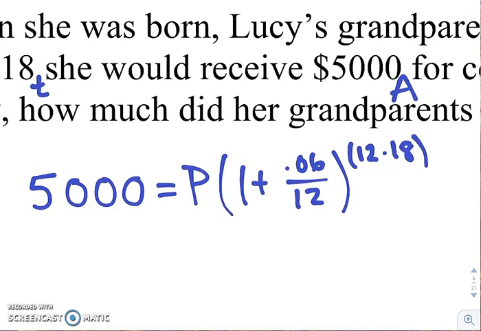Okay, so we need to figure out first what this whole thing is equal to. If we figure out that part, then once we get that value, we'll have P times that value, and we can just divide both sides by that to get P. So I'm going to type 1 plus 0.06 divided by 12 to the power of 12 times 18 into my calculator.